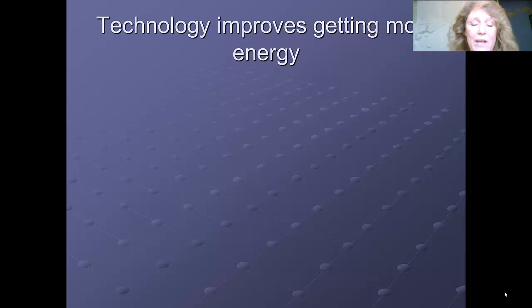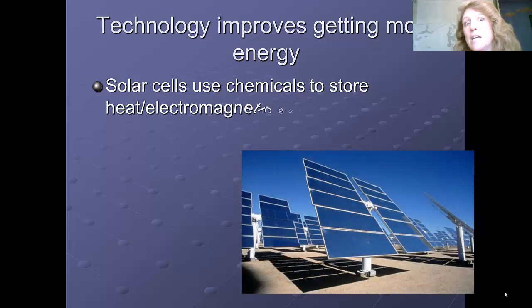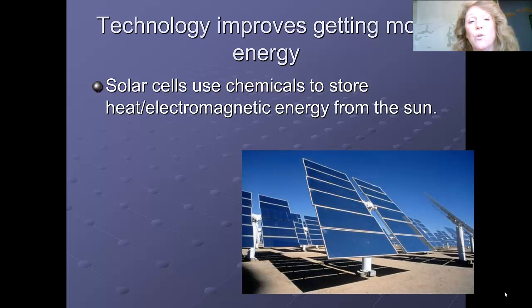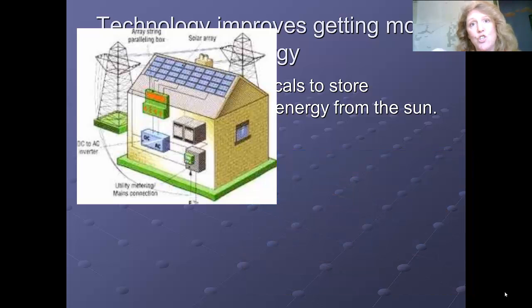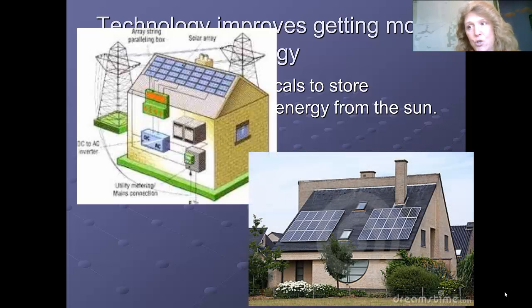There are other ways that technology is improving to get more energy out of the resources that we have. For example, solar cells. Solar cells have chemicals in them that collect and store the electromagnetic energy from the sun, and then translate it into electricity so that we can actually run our houses off of that.